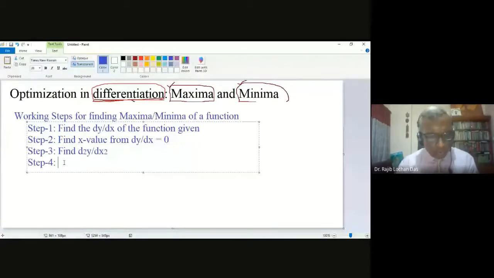Step number 4 will be to put the x value or values. Who knows, maybe you may have more than one x value.